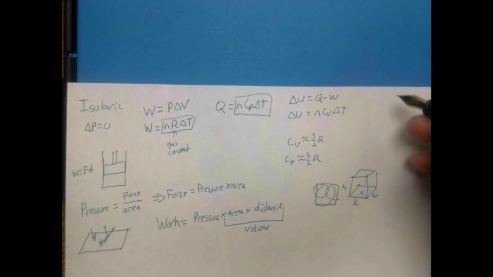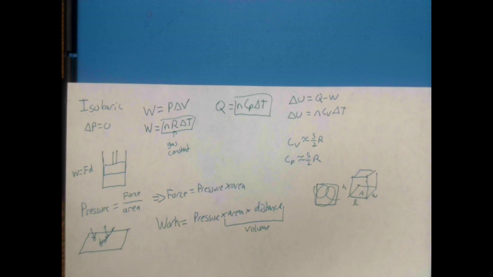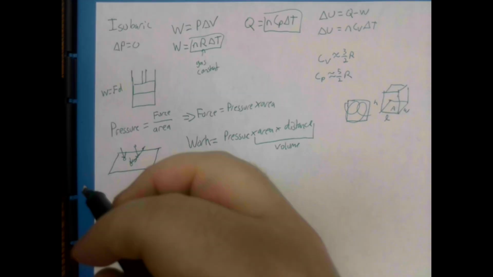And now let's look at what happens. So we're keeping pressure the same. What do you think happens as temperature changes? So as temperature increases, what do you think happens to volume? Yes. So think of a hot air balloon. As temperature increases, volume will increase.